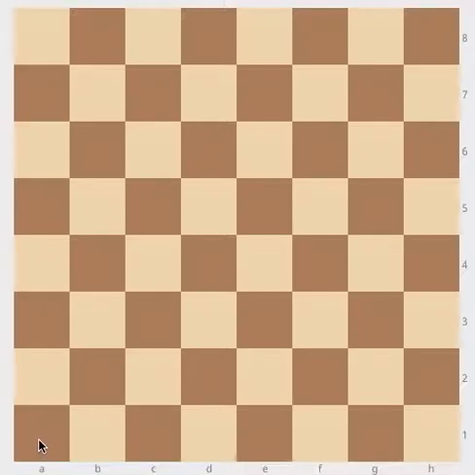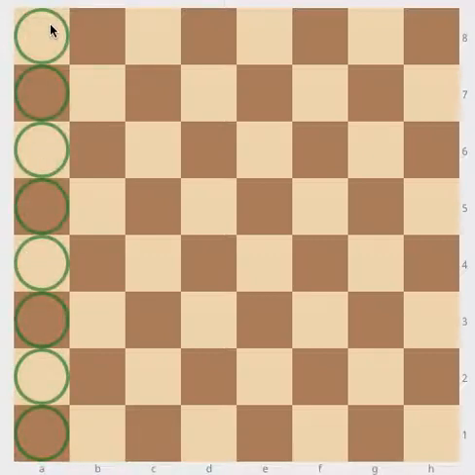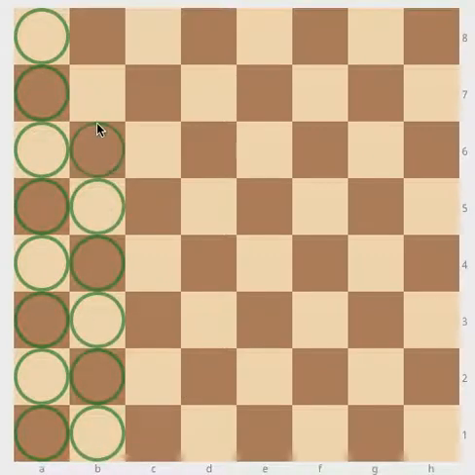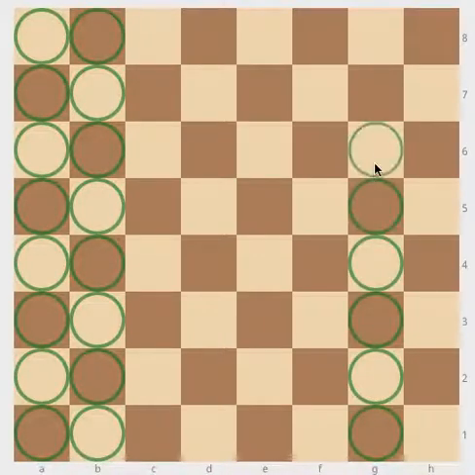The letters are known as files. The letter A has 8 squares. There are 8 squares on the letter B, 8 squares on the letter G. Every letter has 8 squares.